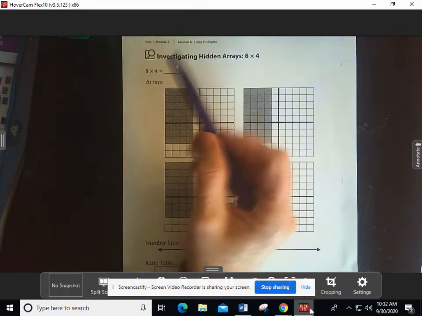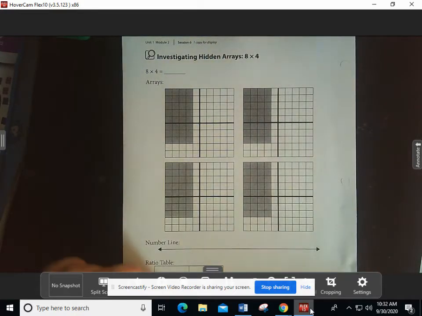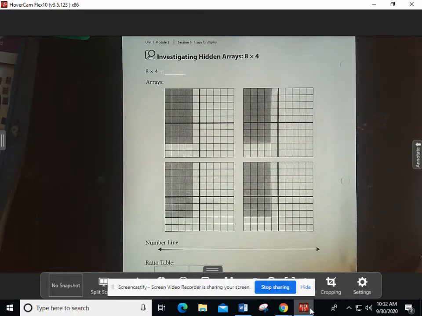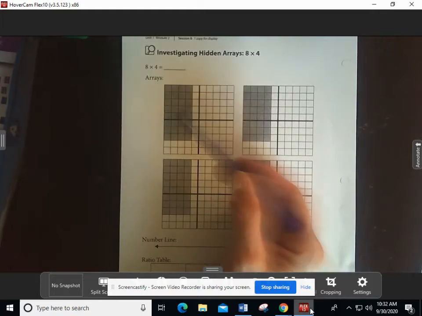Okay, we have 8 and 4. What can we call those? They are factors. We can also call them a factor pair because the two of them are working together to make this product.